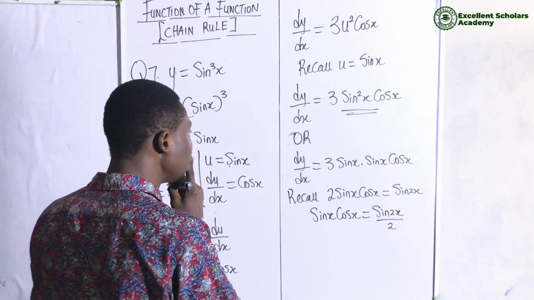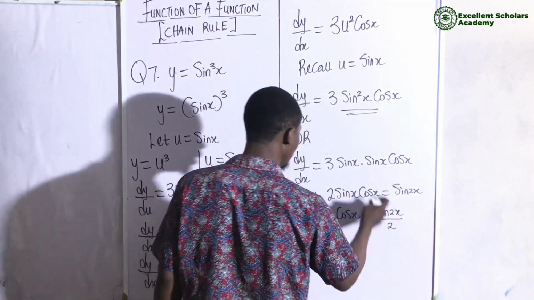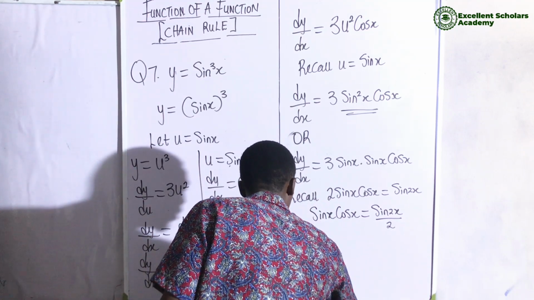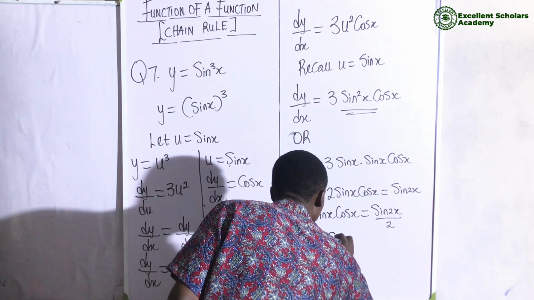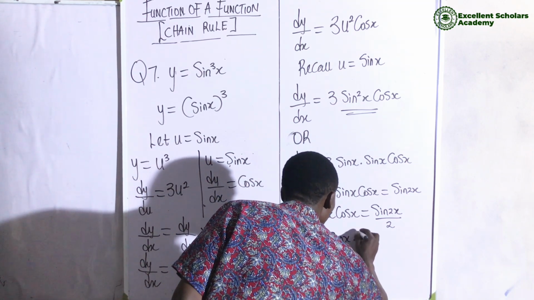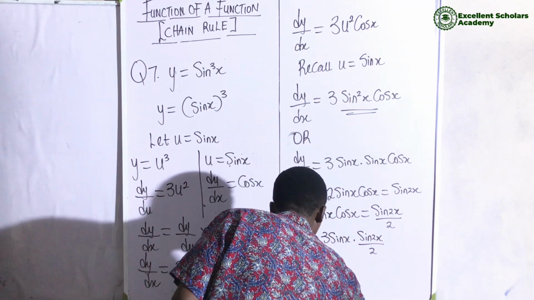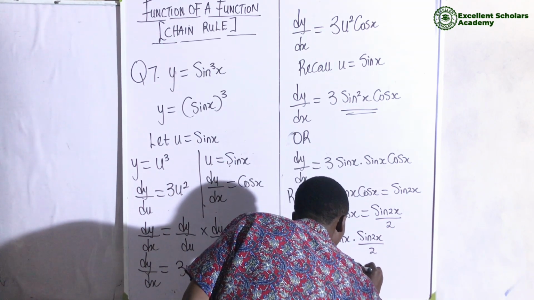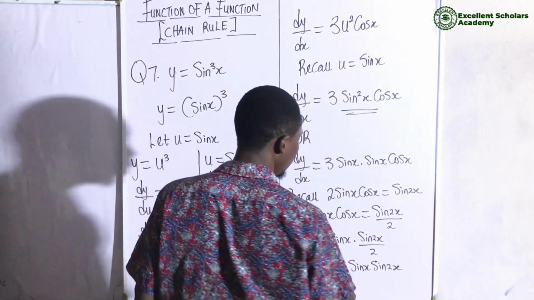If you watch that closely, I can replace this sine x cos x with this, and then this finally becomes that dy dx is equal to 3 sine x multiplied by sine 2x over 2. So this finally becomes 3 over 2 sine x sine 2x.